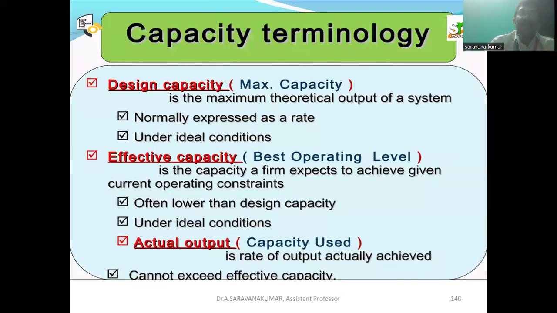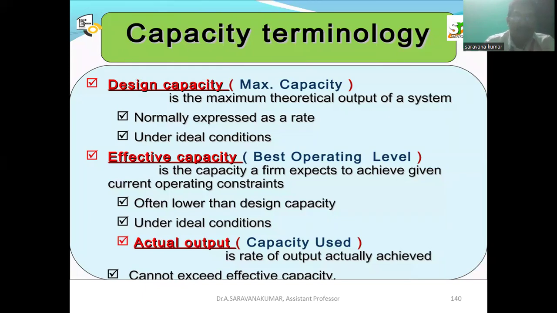So what are the capacity terminologies? Design capacity, that is the maximum capacity, is the maximum theoretical output of a system, normally expressed as a rate. Whatever the output, depending upon that you check the capacity, under ideal conditions.